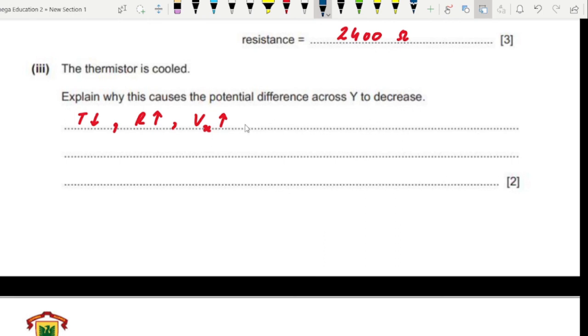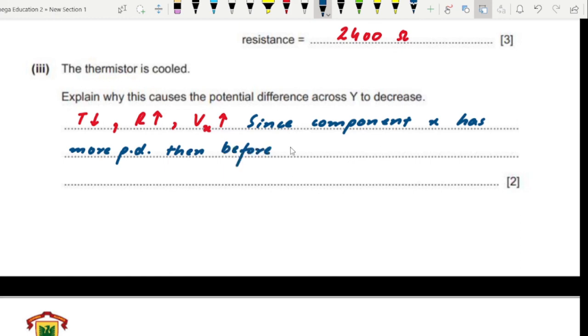So then what you write is, since component X, the thermistor, has more potential difference than before, component Y will be left with less potential difference compared to the previous case.